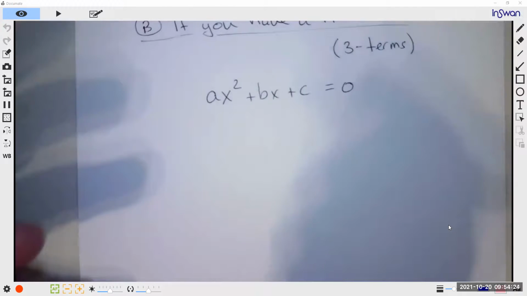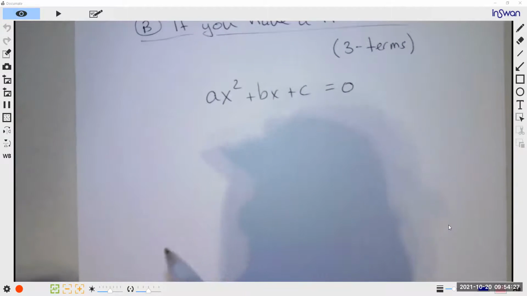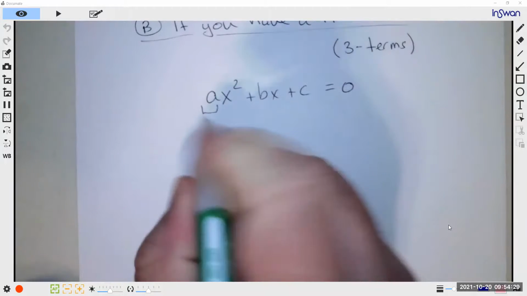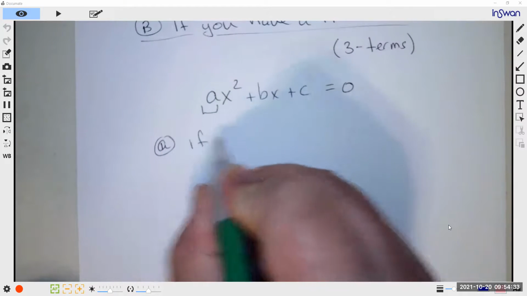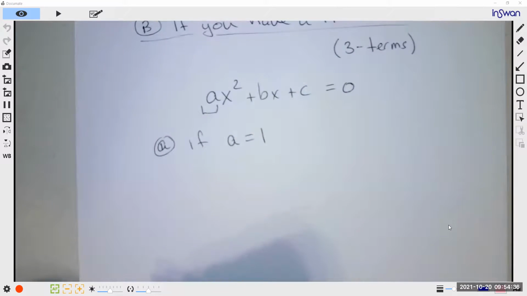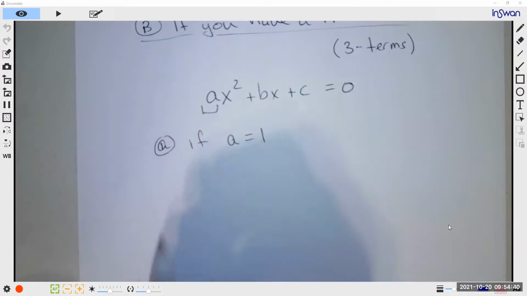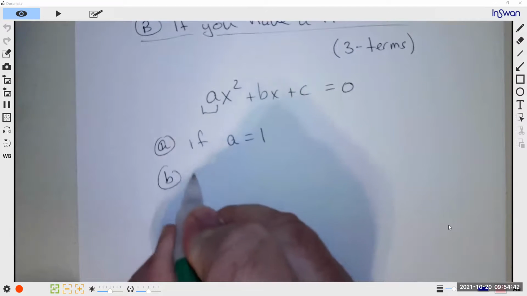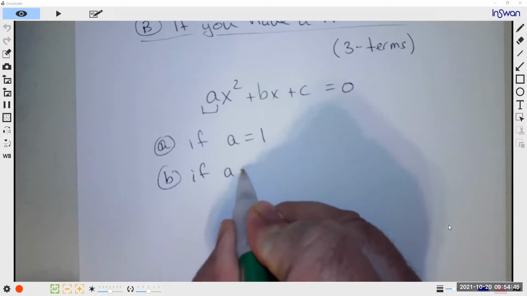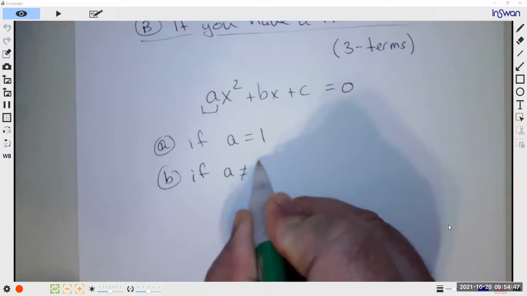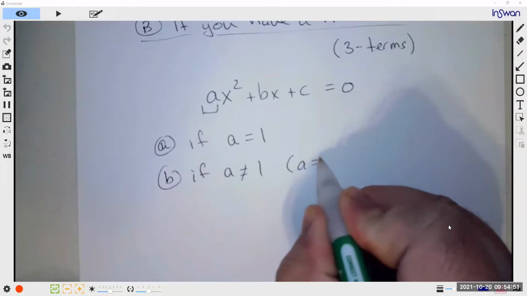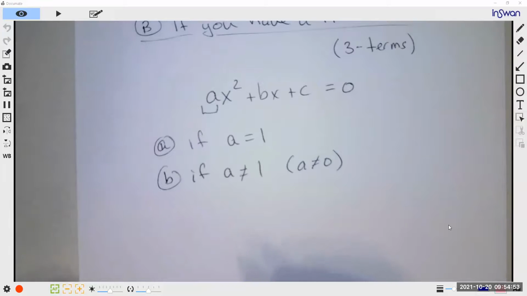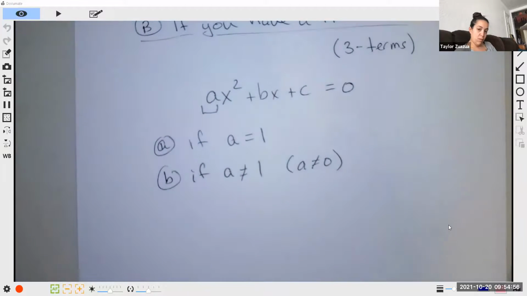There are two different ways of solving this, depending on the equation. One way is if a equals 1, and the other is if a isn't 1. In both of these, a cannot equal 0, because if a is 0, then we don't have a quadratic anymore.